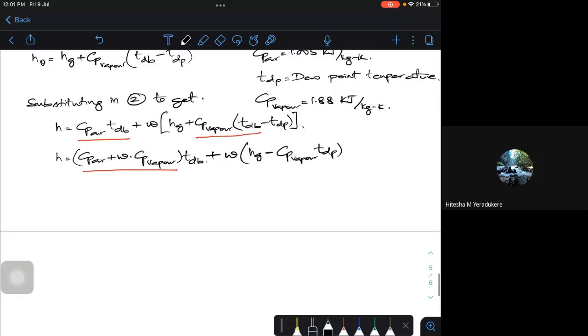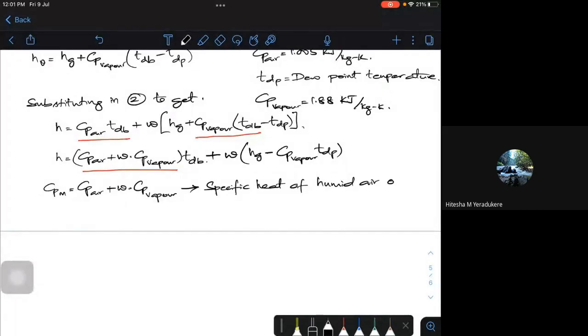I can call this CPM, which is equal to Cp of air plus omega into Cp of vapor. Some books call this humid specific heat.